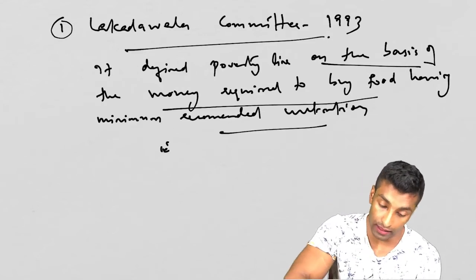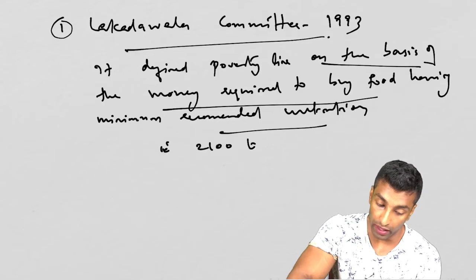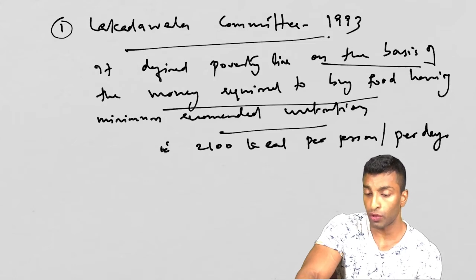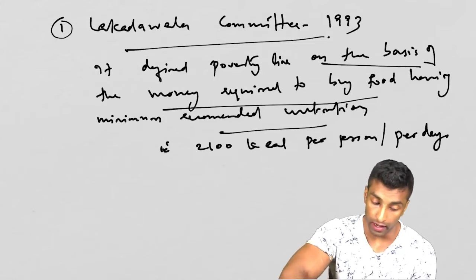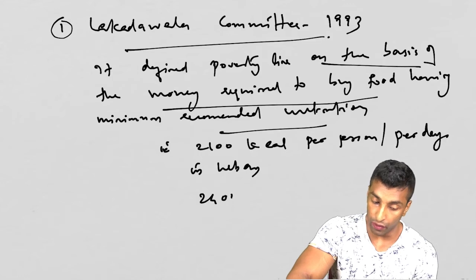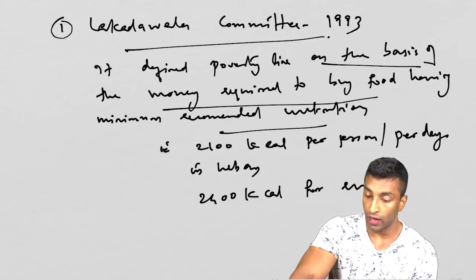What was that? That is 2100 kilocalorie per person per day. So per day 2100 kilocalorie in urban areas, and 2400 kilocalorie for rural areas.